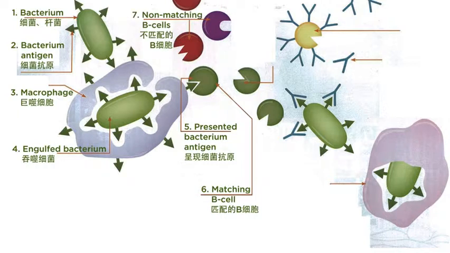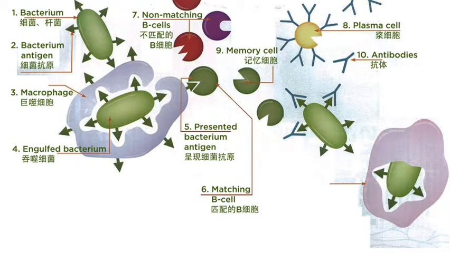Other B cells, engineered to attack other pathogens, do not recognize the antigen. The matching B cell replicates itself, creating many plasma cells to fight all the bacteria of this type in the body. The matching B cell also replicates to produce memory cells, which will rapidly produce copies of itself if the specific bacteria ever return.